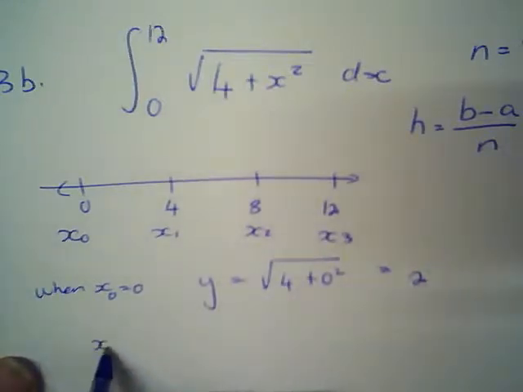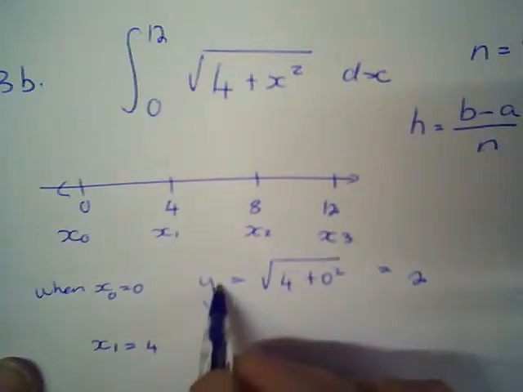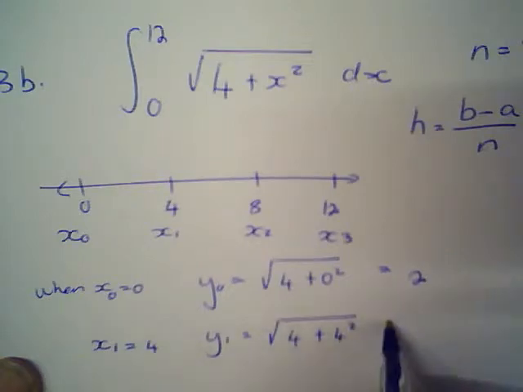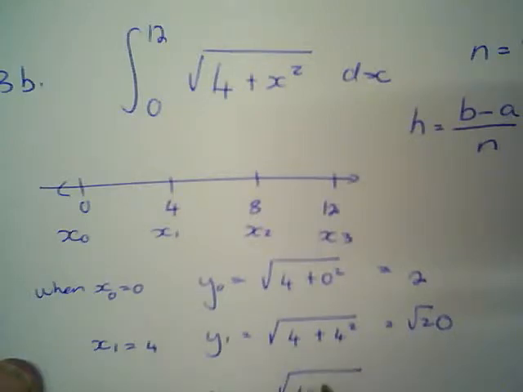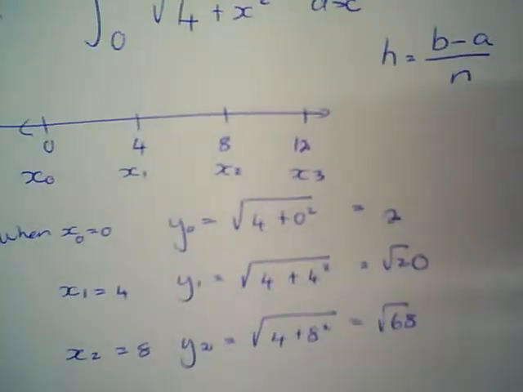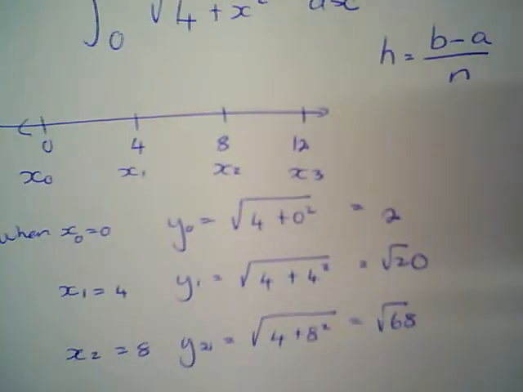When x1 equals 4, y1 would be the square root of 4 plus 4 squared, which is 16 plus 4 is 20, so square root 20. x2 equals 8, so y2 would be the square root of 4 plus 8 squared. 8 squared is 64, plus 4 is 68, square root 68. y3: x3 is 12, so y3 would be the square root of 4 plus 12 squared, 144 plus 4 would give me 148.